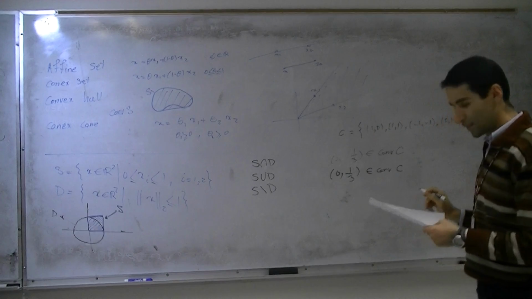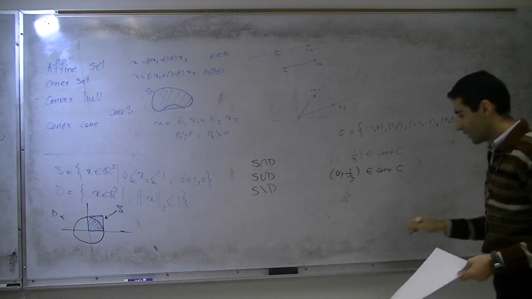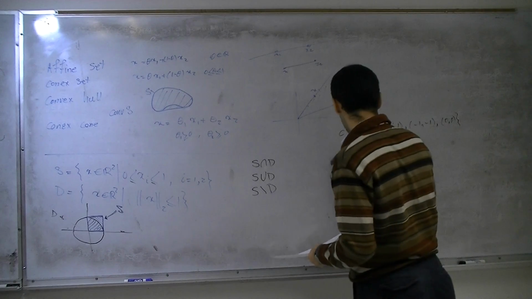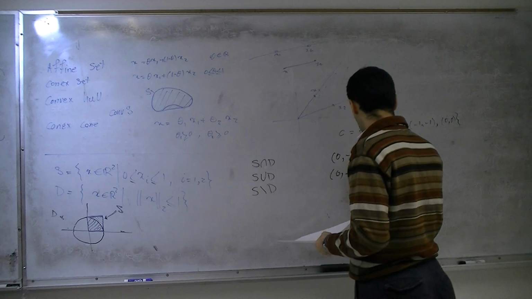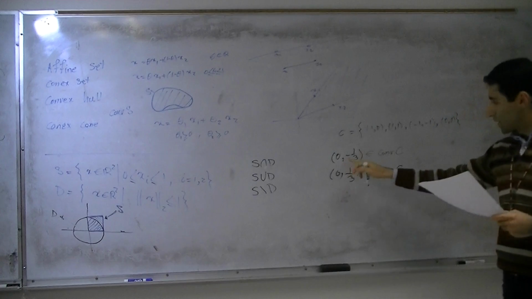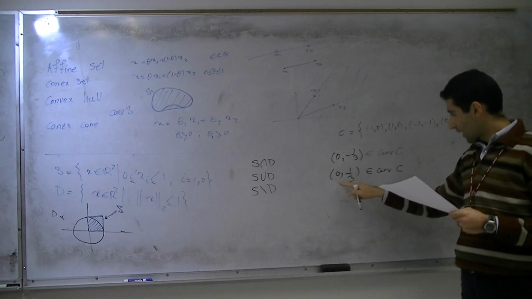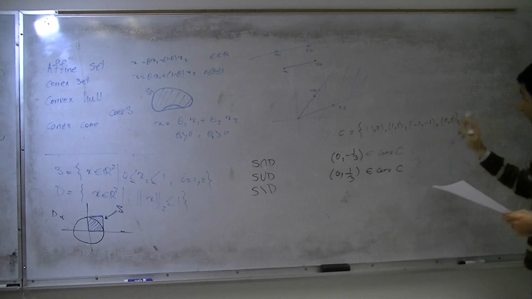Let's solve these two because I need to go again to the definition to write it down. First one is (0, minus 1/3), and second one is (0, 1/3).